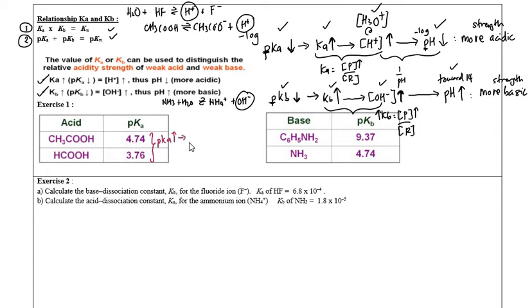Thus, the Ka value is smaller, because inversely proportional. So, when Ka is smaller, that means concentration product, which is H plus, is also lower, because relationship di sini adalah directly proportional.